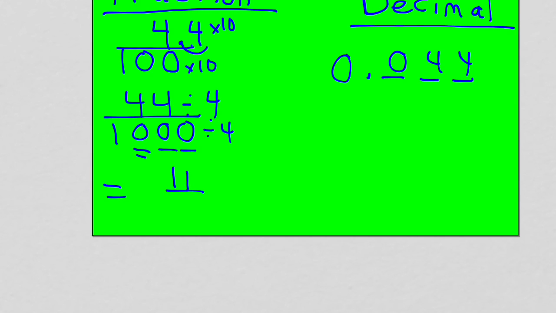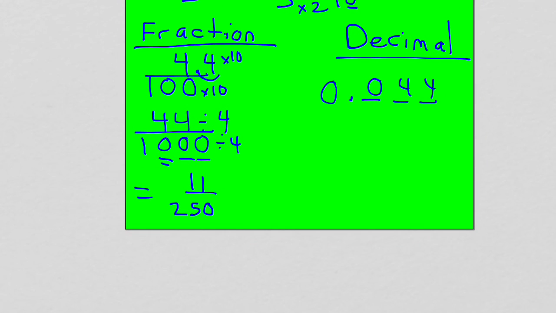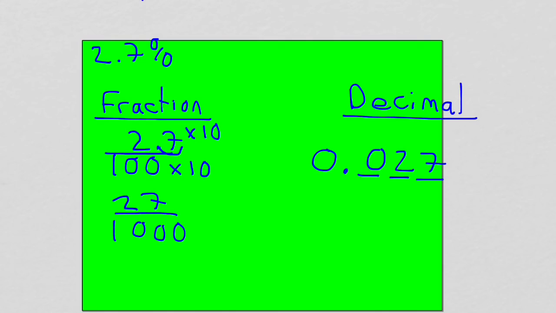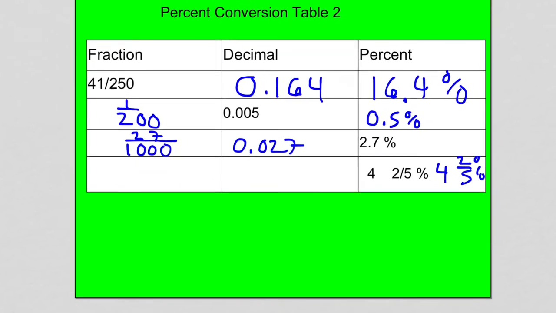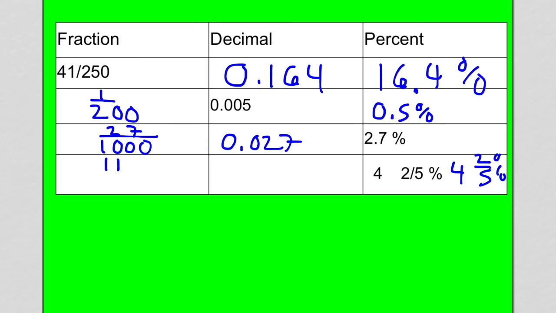And I know 100 divided by 4 is... I'm making a mistake. I know 100 divided by 4 is 25. So 1,000 divided by 4 is 250. And that fraction is in lowest terms. So I'll go fill that in. That's 11 over 250.